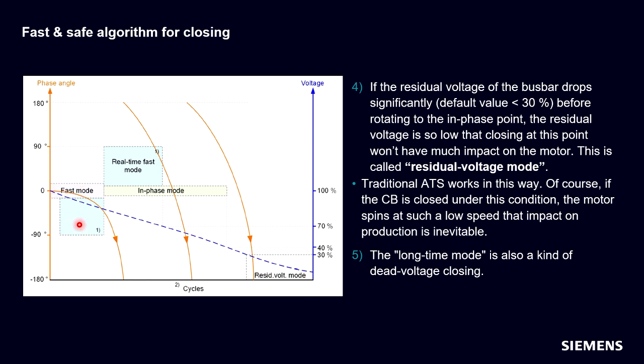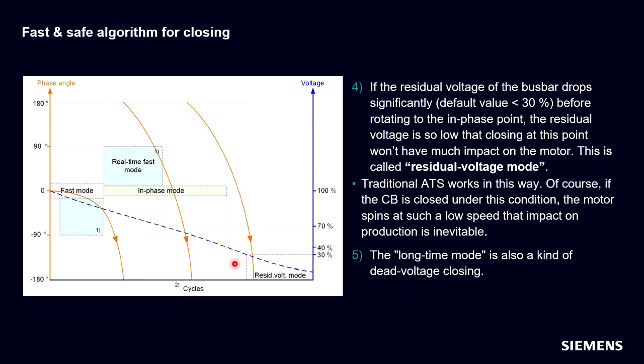In the first part, we have the fast mode, as we talked about, the real-time fast mode, and then the in-phase mode. After the voltage goes under this 70% limit, we have no chance anymore to close the breaker or to transfer in fast mode.